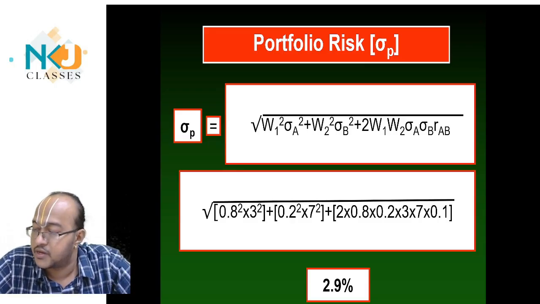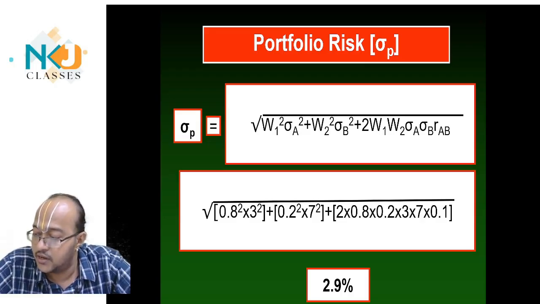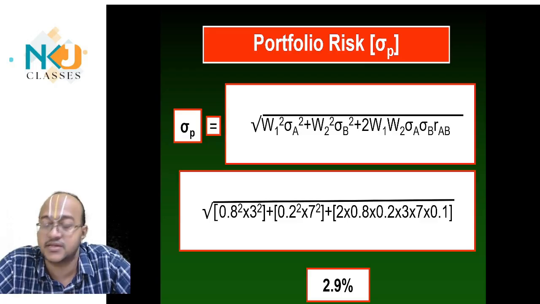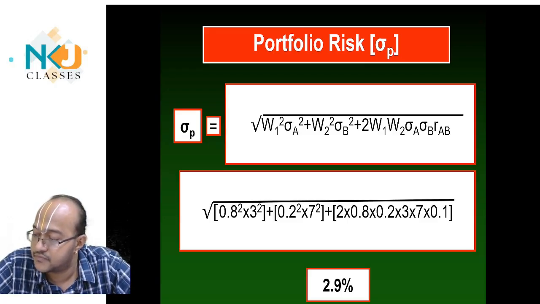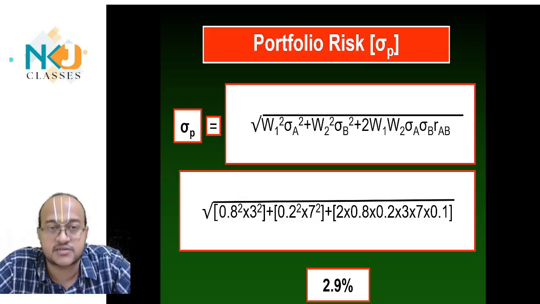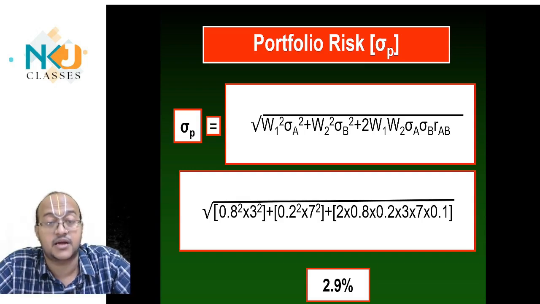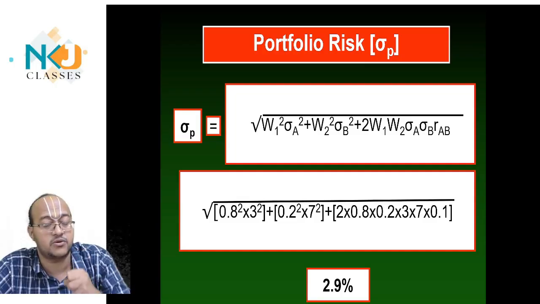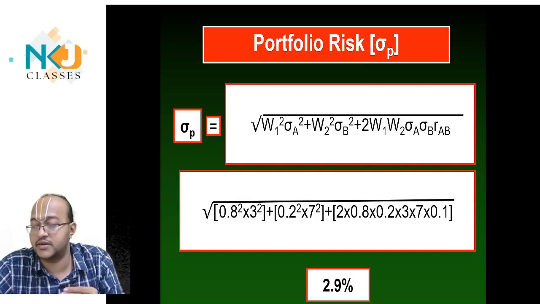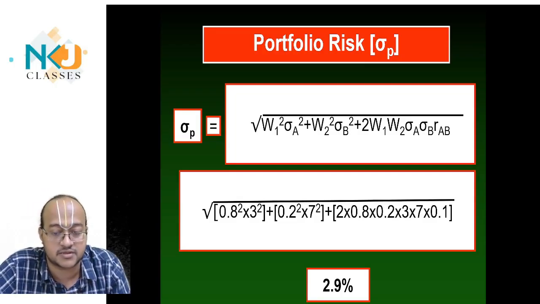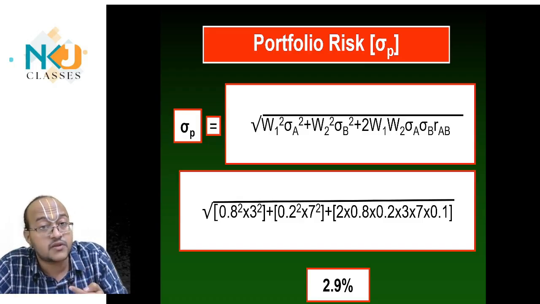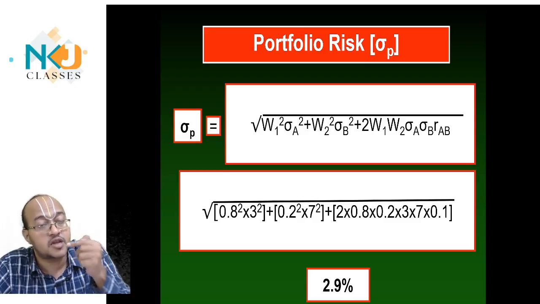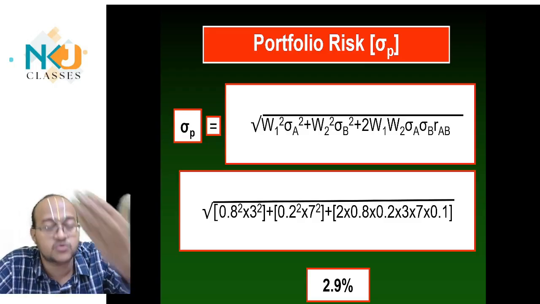Okay, observe. There are two projects available, A and B. Which project is having less risk? A. How much is that risk? 3%. Carefully observe. Between these two projects, one is having 7% risk, another is having 3% risk. Individual risk itself is 3%, but the portfolio risk is only 2.9%.